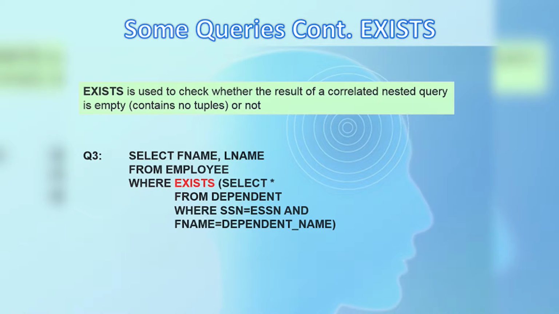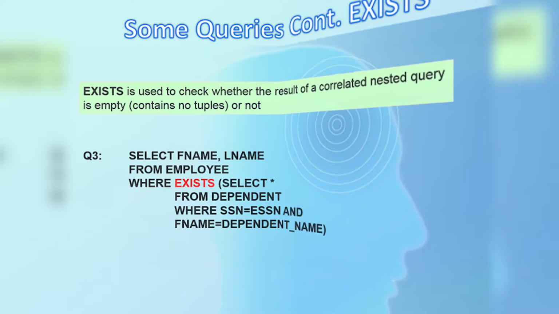Select fname, lname from employee where exists. In the brackets, you can see the subquery. Select all from dependent where SSN is equal to ESSN and fname is equal to dependent name.